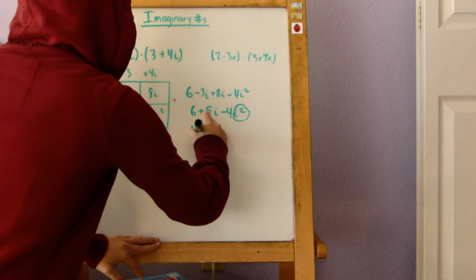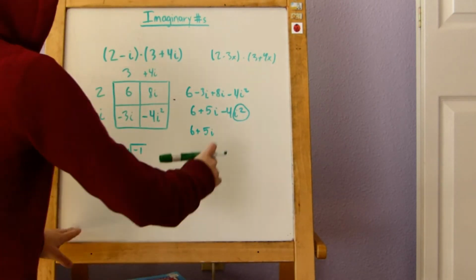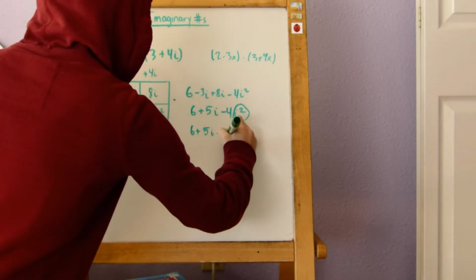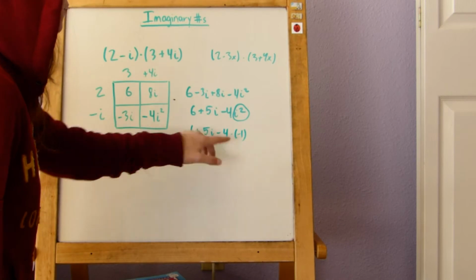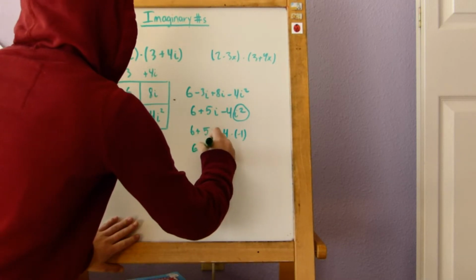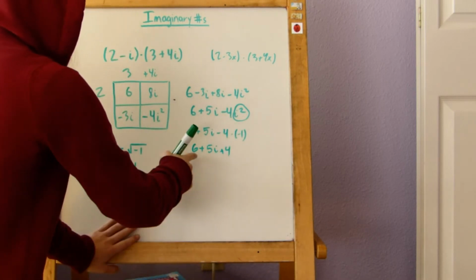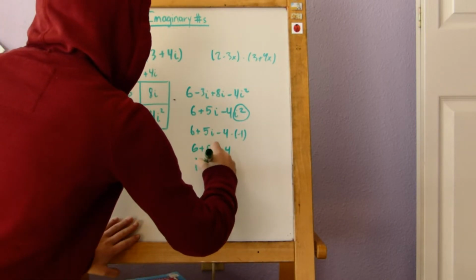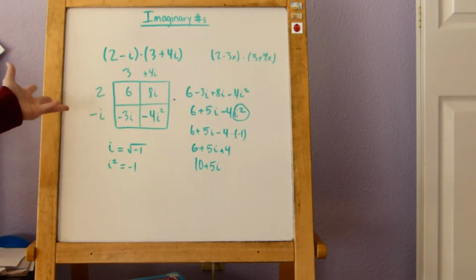So, it would be 6 plus 5i. Now, if this is going to be negative 1, this negative 4 is going to change into a 4. So we end up getting 6 plus 5i plus 4. 6 plus 4 is 10. 10 plus 5i. And that's how you multiply together imaginary numbers.